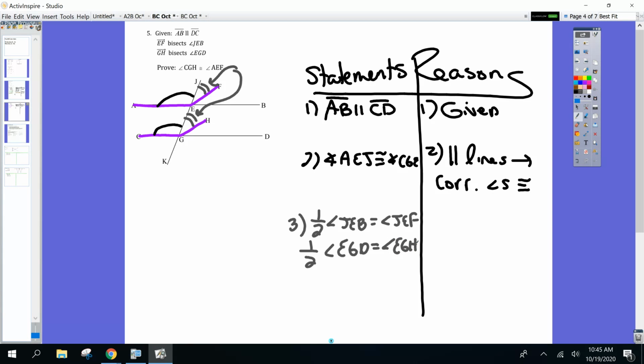This is exactly what we went through. Definition of bisects.